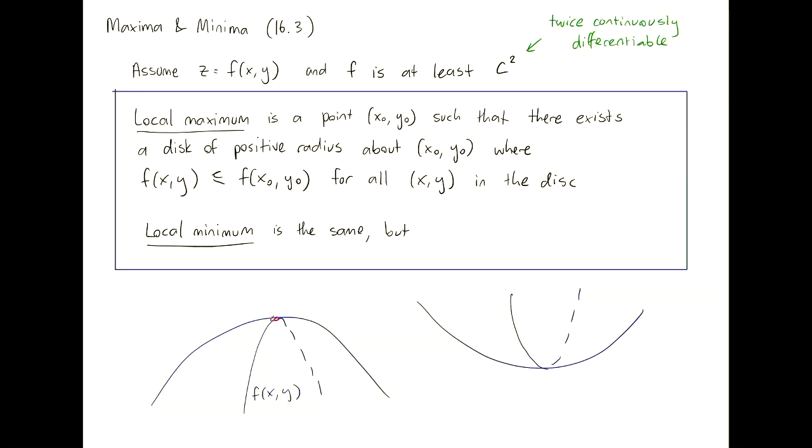So if I have some point here, which is my x naught and y naught, then for this to be a maximum, I should be able to draw a disk in xy, and every point in that disk should have f of xy less than or equal to f of x naught, y naught.